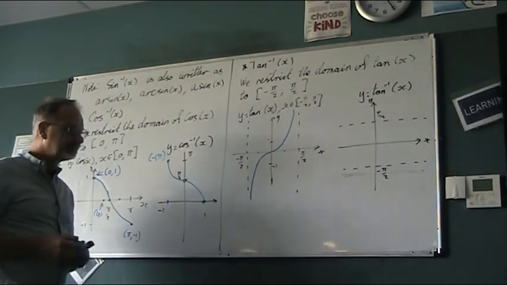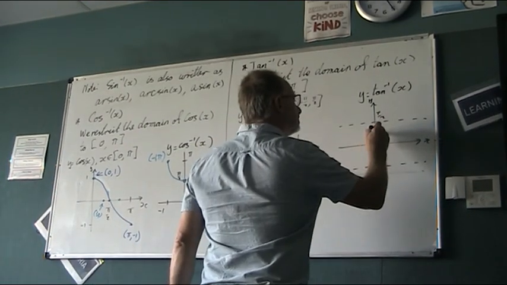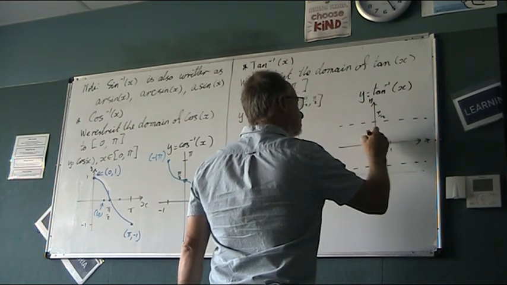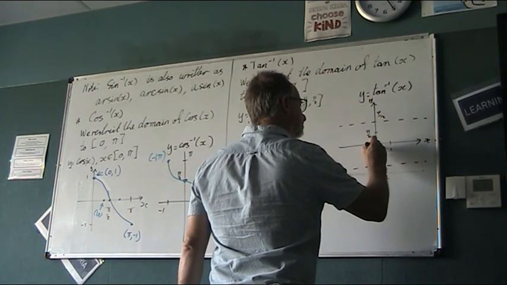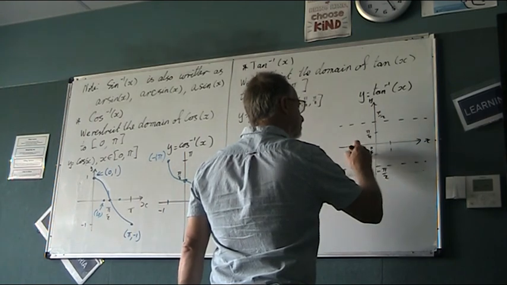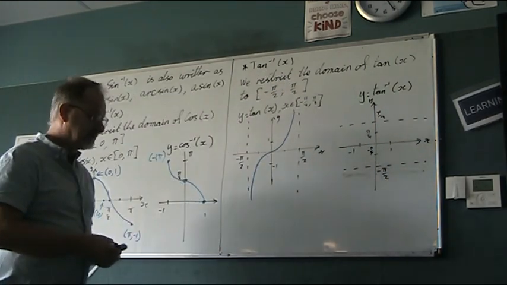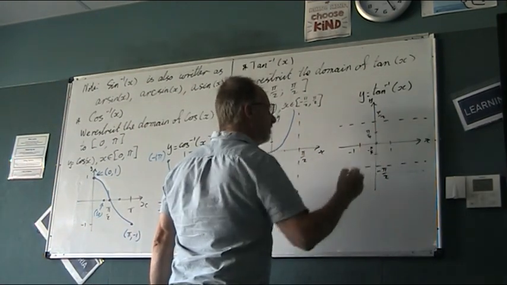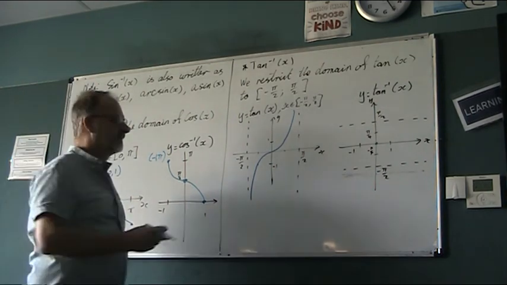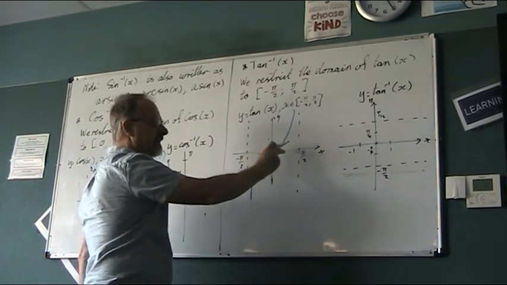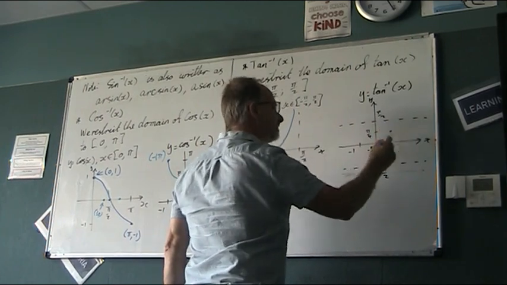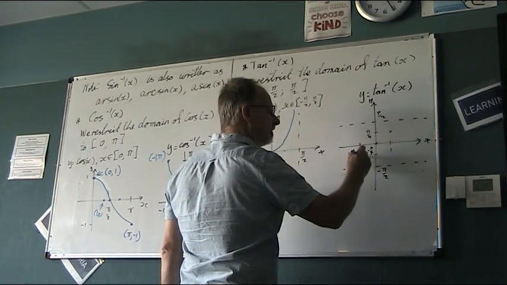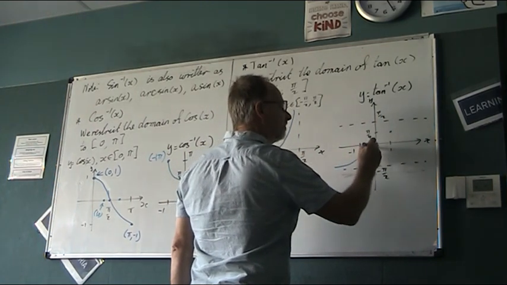Asymptotes are there. All right, and those other points, obviously it goes through the origin still. At this point that was pi on 4 and 1 is now 1 and pi on 4. And the other point that was negative pi on 4 and negative 1 is now negative 1 and negative pi on 4.